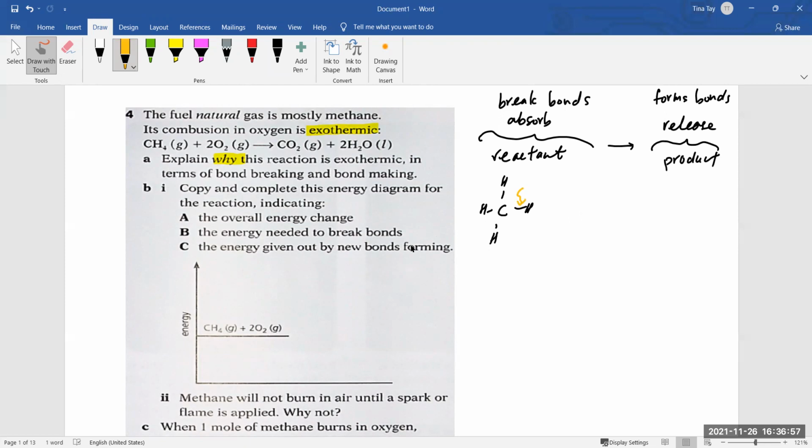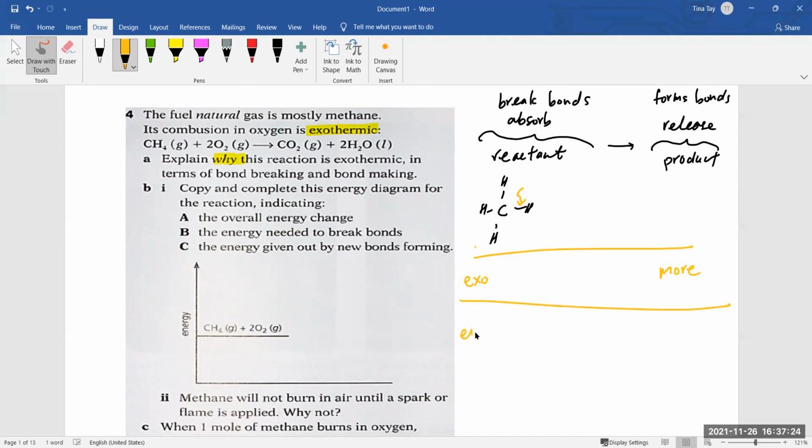All right. So in any reaction, there is heat absorbed and there is heat released. The difference is when it's an exothermic reaction, this one is more.